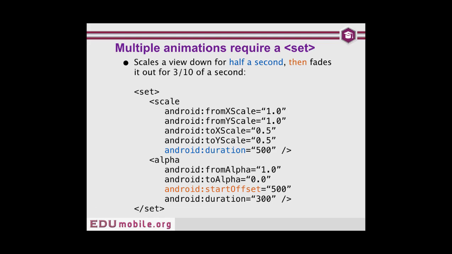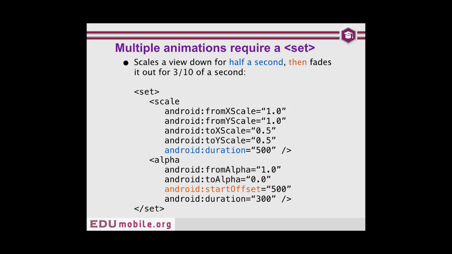We could also use 100% here. The to X scale and to Y scale are 0.5, which means that it will scale from its full-sized initial value down to half of its initial value in both the X and Y direction. The duration is 500 milliseconds, half a second.